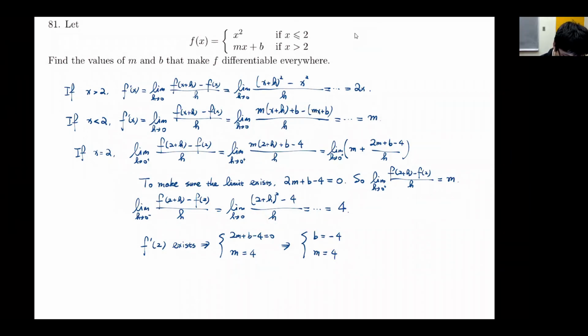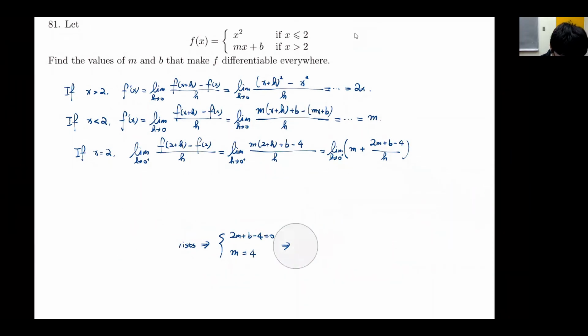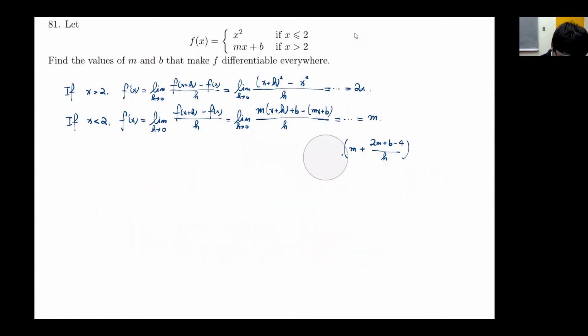Okay, now let's use the second method to study this problem. So remember, for the second method, we need to start by checking if the function is continuous. So at x equals 2, let's look at the left-hand limit and the right-hand limit of the function.